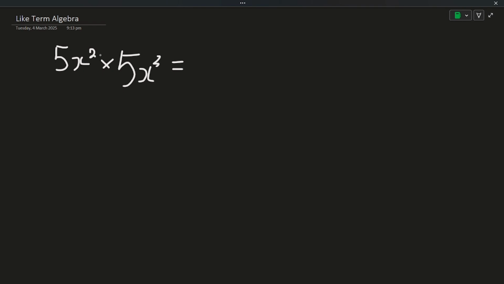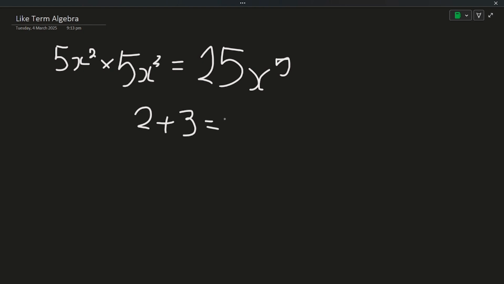These powers would actually, instead of being minus, be added together. So instead of 2 and 3, it'll become x to the power of 5, because 2 plus 3 is equal to 5. You get it from these ones here.